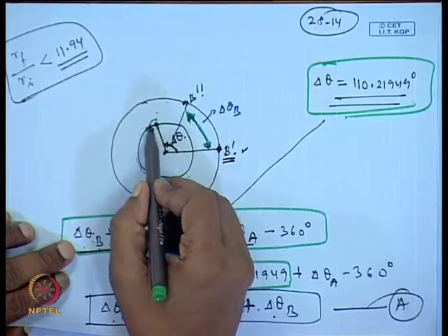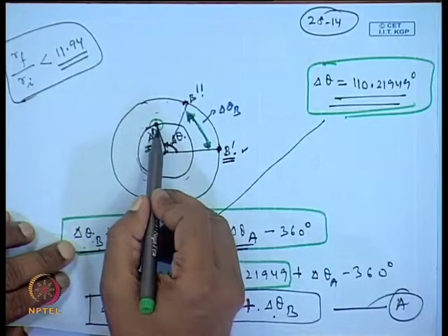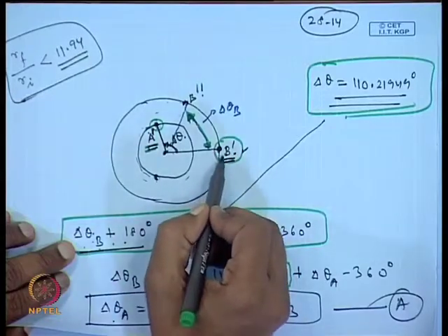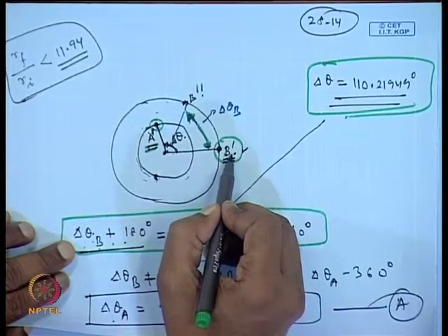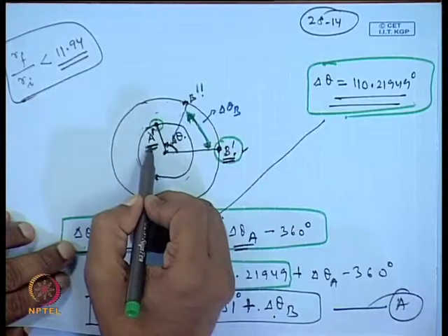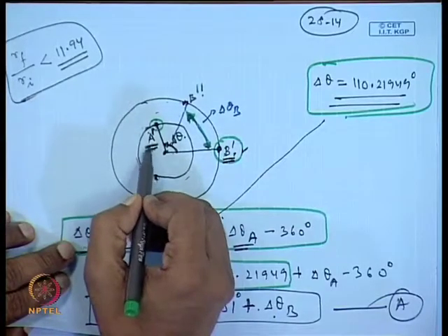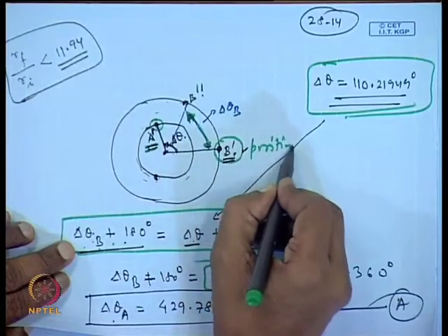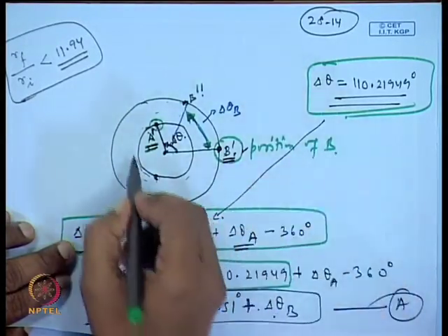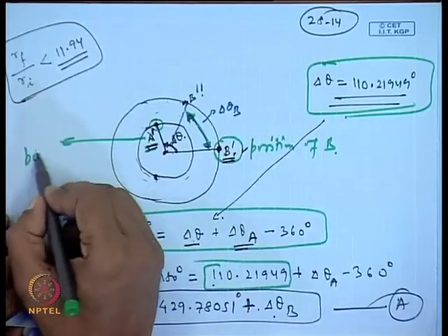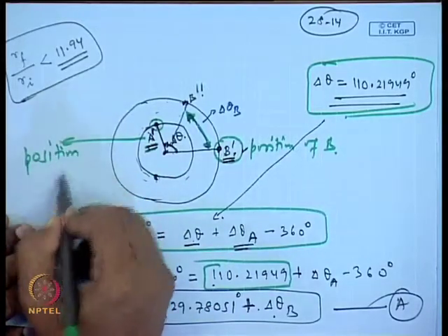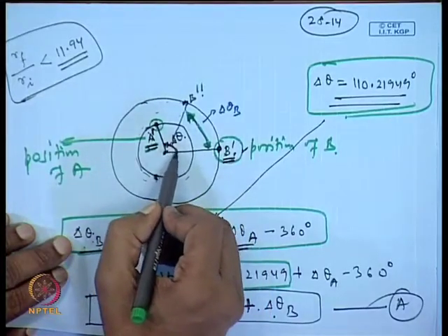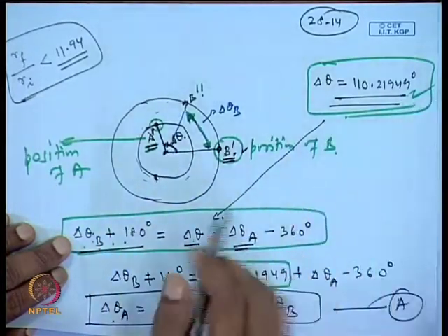Once the satellite was at B prime, asteroid A was at A prime, and this is the position of B, and here is the position of A, and this is the gap delta theta, which we stated earlier.